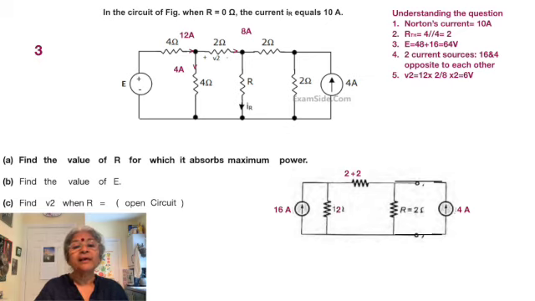So we have 8 amps coming there and creating a voltage drop across 2 ohms equal to 16 volts, because it is shorted. This 16 volts is applicable also across the 4 ohms, which now takes 4 amps. So together we now have 12 amps flowing through the 4 ohms connected to E. Now 12 amps through 4 ohms and 8 amps through 2 ohms will together create the voltage E, given by 12 into 4 is 48 plus 8 into 2 is 16, that's equal to 64 volts.